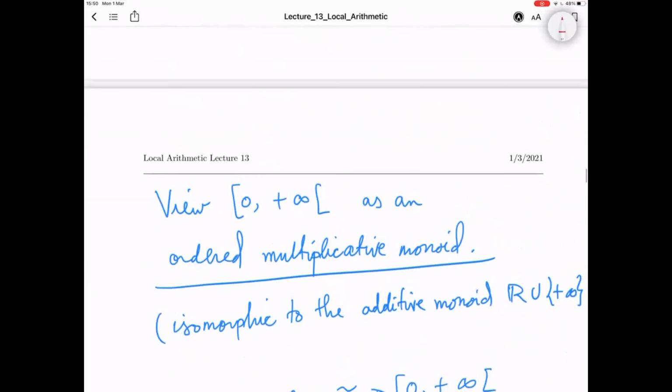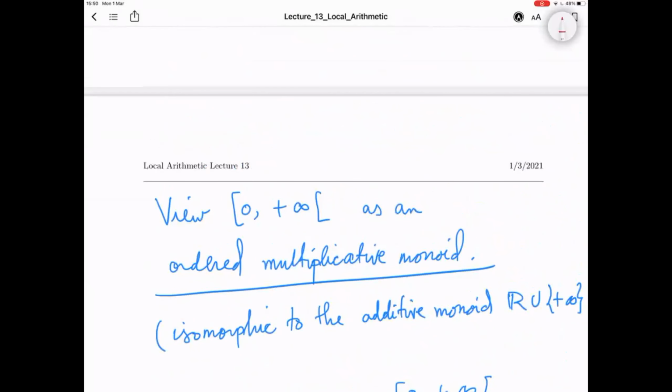Now, we have been using the notion of valuations. There's a related notion, that of norms. They are related because you have the additive group R, and you have the multiplicative group R star plus.